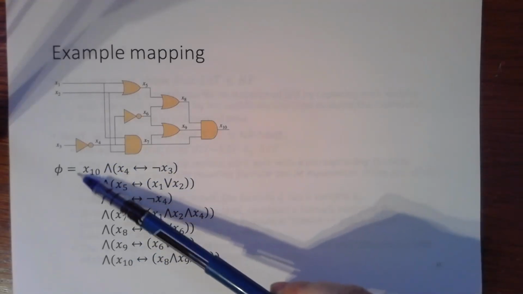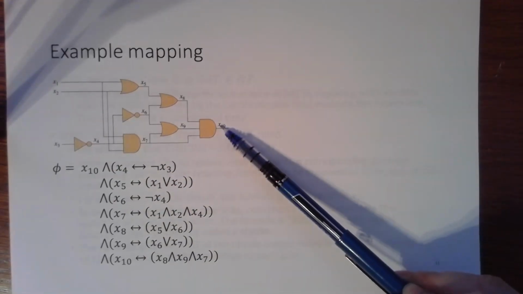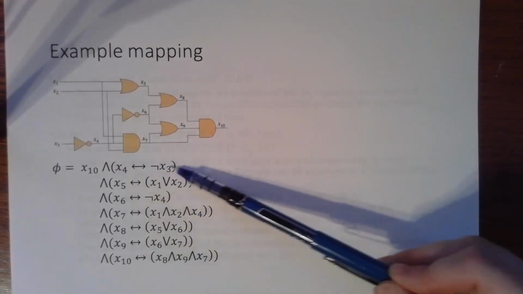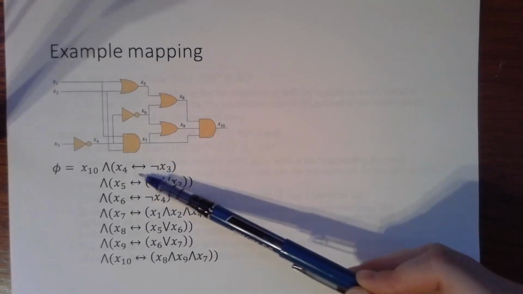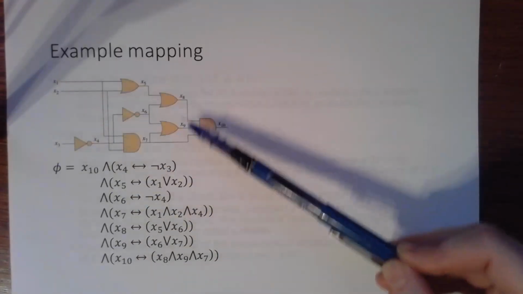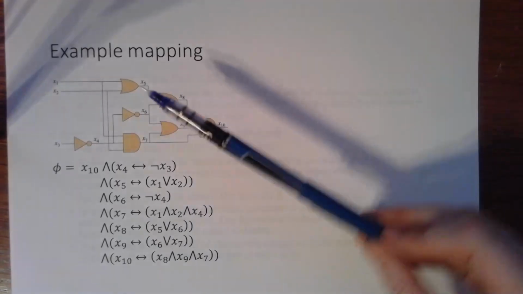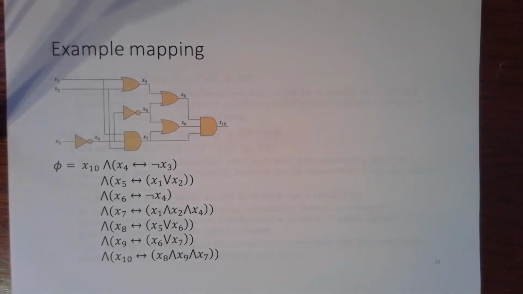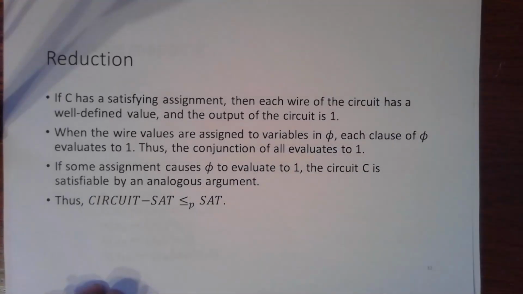I know the output would have to be a 1 if it was satisfiable, and I know all the gates. I would just assign all the values to whatever caused these things to evaluate to true. I would put them all in there, and each gate would be doing its job. The output would be 1, and so the circuit would also be satisfiable. So it goes both directions.